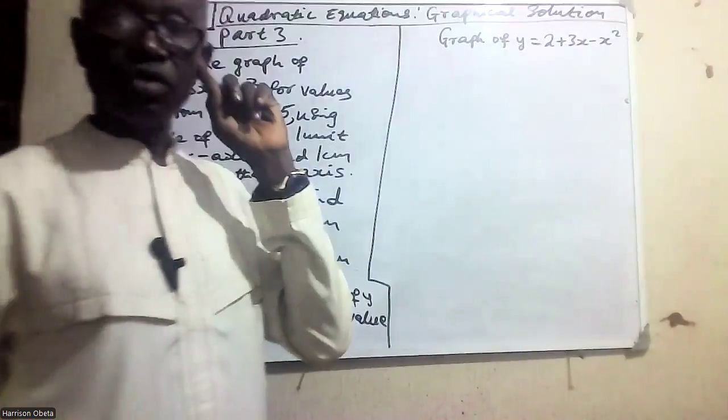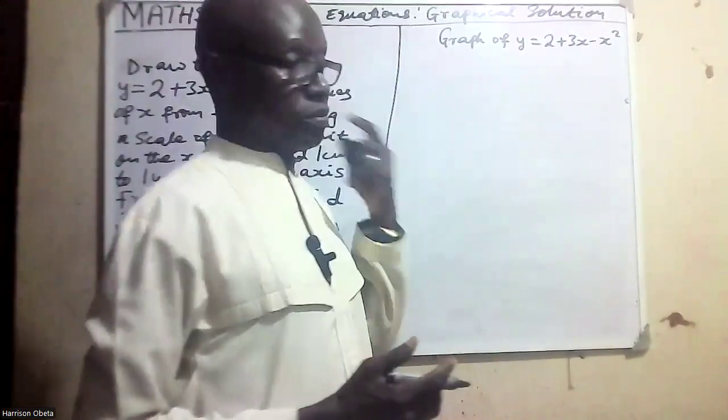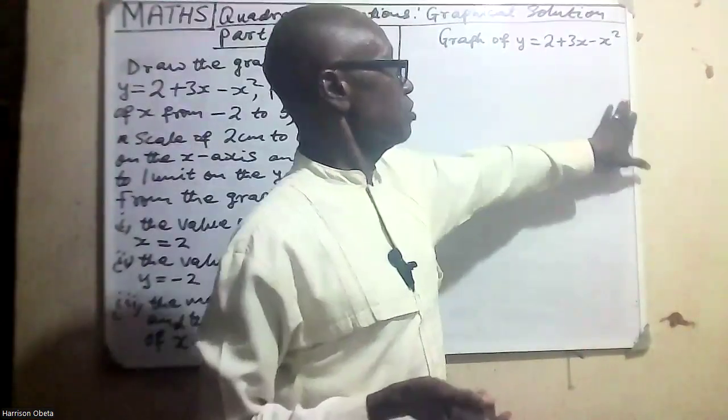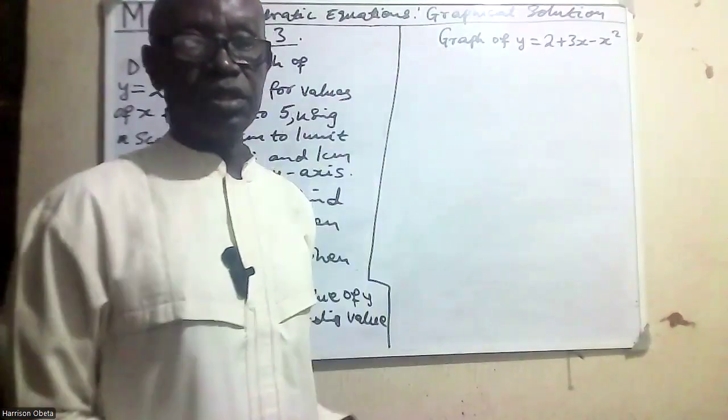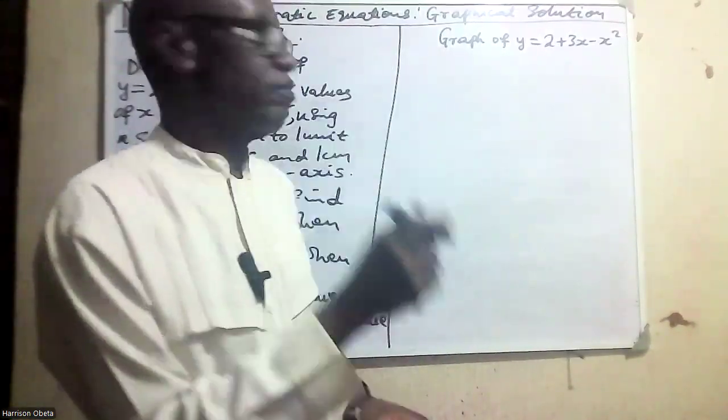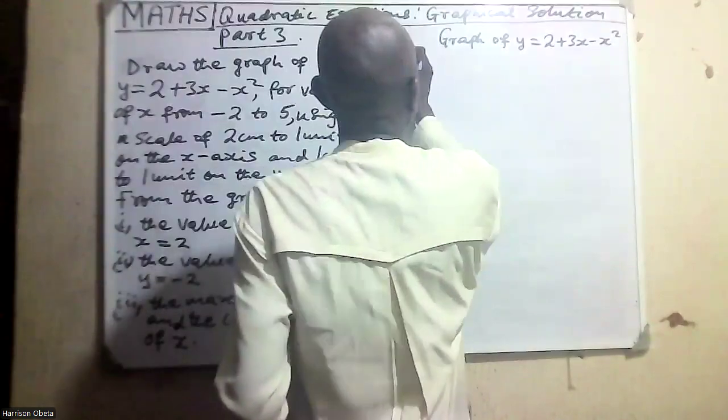Today I'm going to show you two ways of drawing the table of values. So let's start with the first one by listing everything. So we have this.